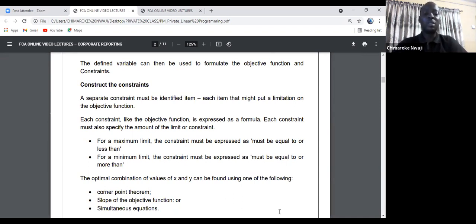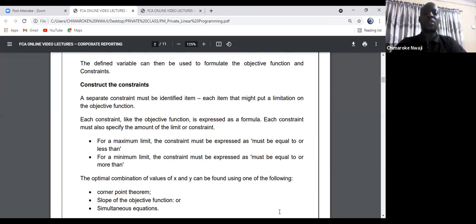For minimum limit, you will be saying things that must be equal to or more than. So it means that when you say things that must not be lower than, or must not go below, you are talking about a floor. You're talking about the lower limit. So that's what the minimization and constraints will help you to identify.